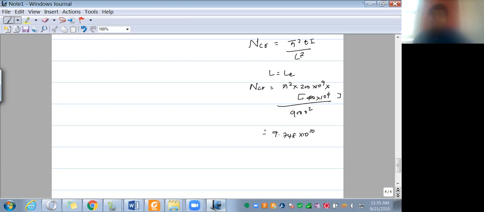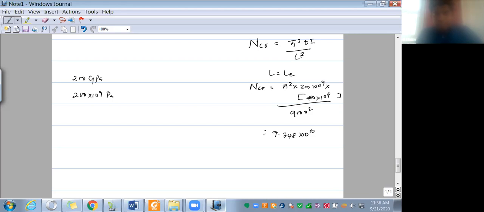Okay, so here 200 into 10 to the 9, that's 200 gigapascal. There's a little mistake here. 200 gigapascal is 200 into 10 to the 9 Pascal, and Pascal is Newton per meter squared.